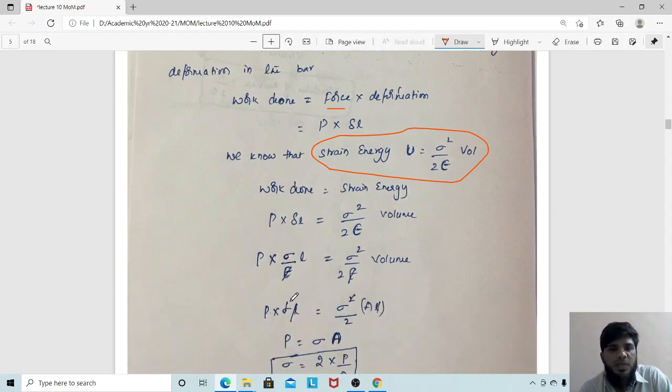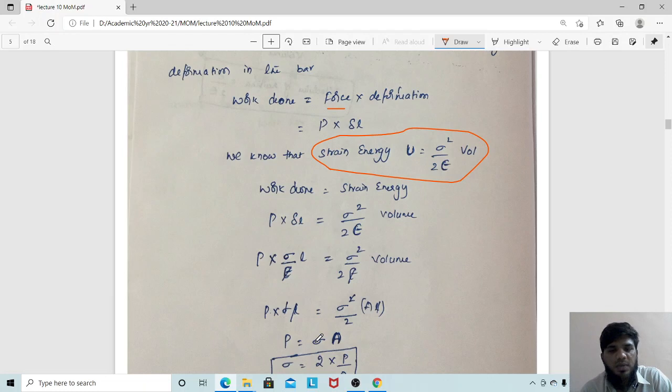So delta L is nothing but sigma by E into L, where E is the modulus of elasticity, into L, that is equal to sigma square by 2E into volume. Here E gets cancelled, and one sigma gets cancelled. Therefore P is equal to, here we can write volume is equal to A into L, and this L into L will get cancelled.